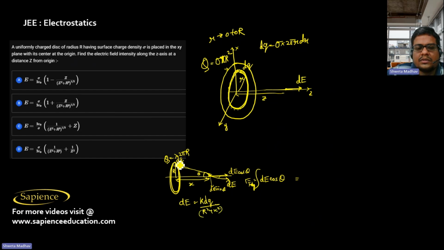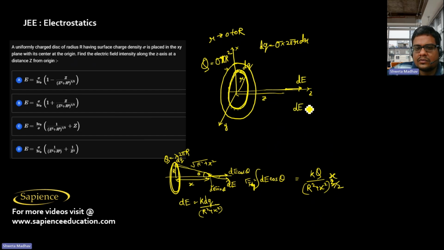Now dq we have to integrate. So this will come k q by r square plus x square into cos theta. Cos theta will obviously be x by the square root of r square plus x square. So this is kqx by r square plus x square power 3 by 2.